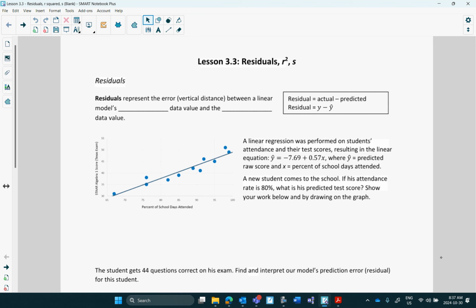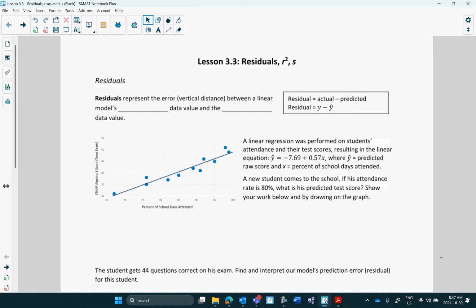So we're going to focus on how good the line is, and also whether a straight line would fit the data, or maybe a curved line would be better instead. We're not going to study curved lines, we're only going to study straight lines. I talked about residuals in the previous lesson, and it's the difference between the actual value and the one that's predicted by the least squares regression line.